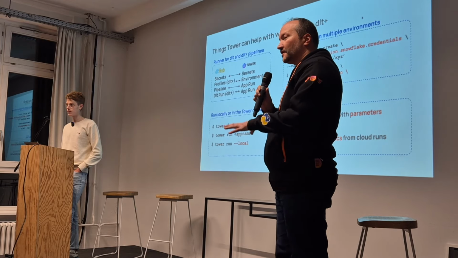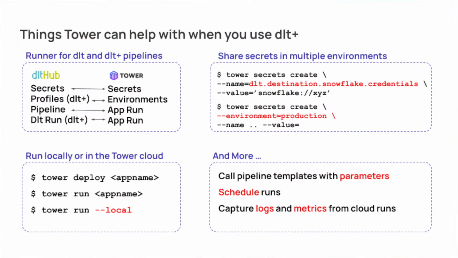We integrate on the secrets level, we integrate on the profiles level. DLT Plus has profiles, we have environments. Secrets get synchronized between different members of your team as well as the production and the development environment. You can also override secrets and use different credentials for production.